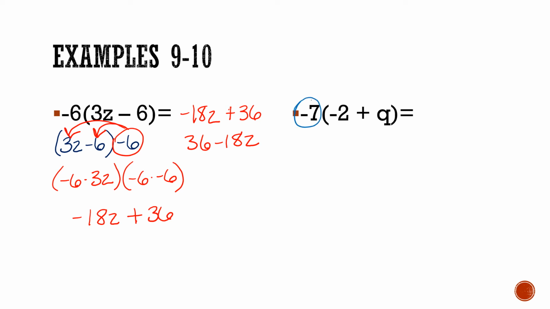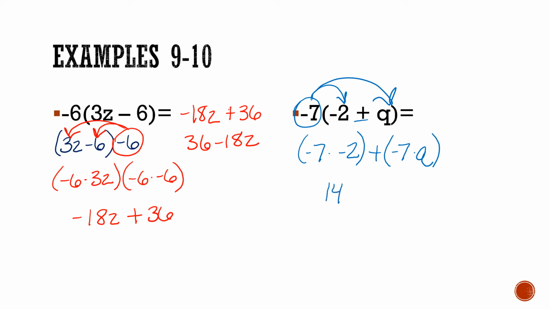Okay, we're going to distribute this negative 7. So we're going to do negative 7 multiplied by negative 2. I'm going to bring down that plus sign. And negative 7 times q. So a negative multiplied by a negative is going to give us a positive. So 7 times 2 is 14. I'm going to bring down that positive sign, but now I've got negative 7 times q, which is negative 7q.